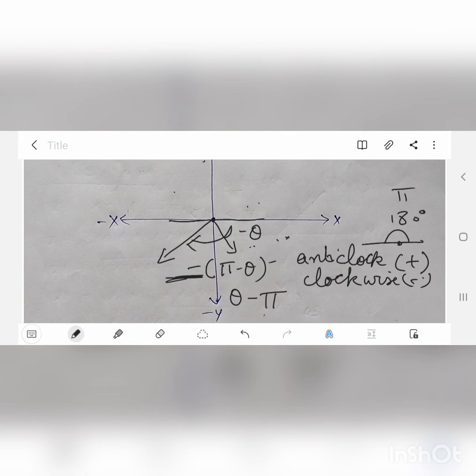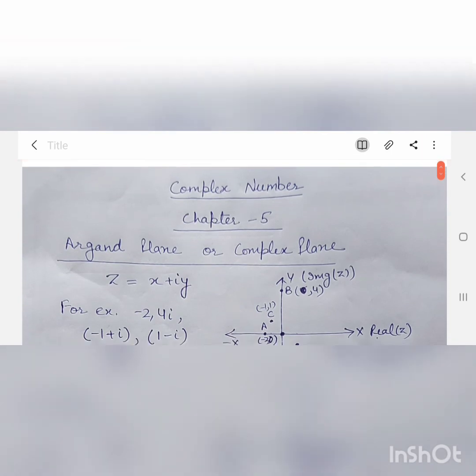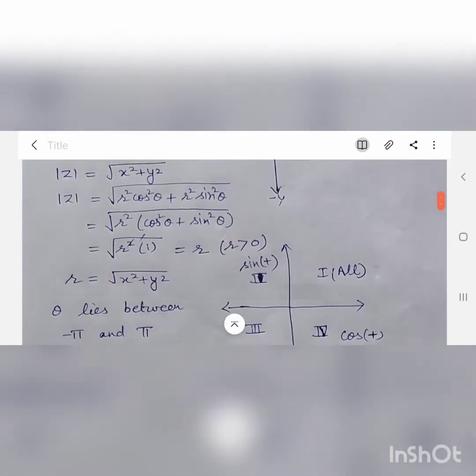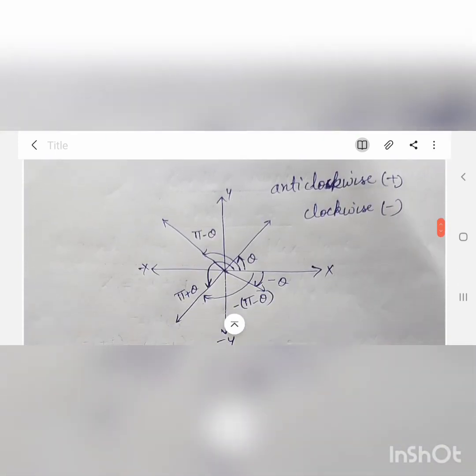So today we have learned about the Argand plane or complex plane, the polar form, and theta. Then we calculate any value of theta.